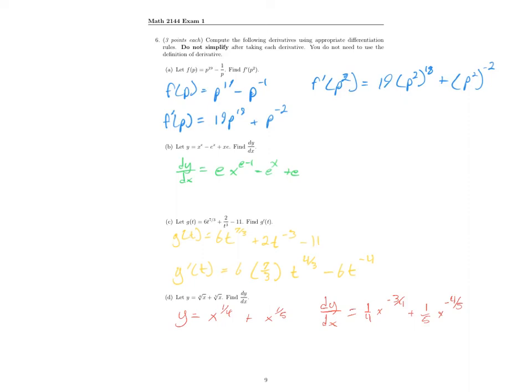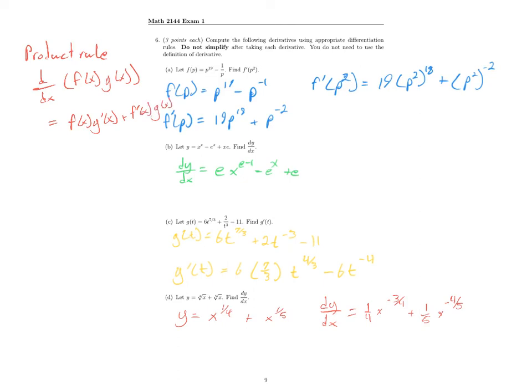So the product rule is whenever you have the derivative with respect to x of two functions of x multiplied together, that's going to equal f of x times g prime of x plus f prime of x times g of x.